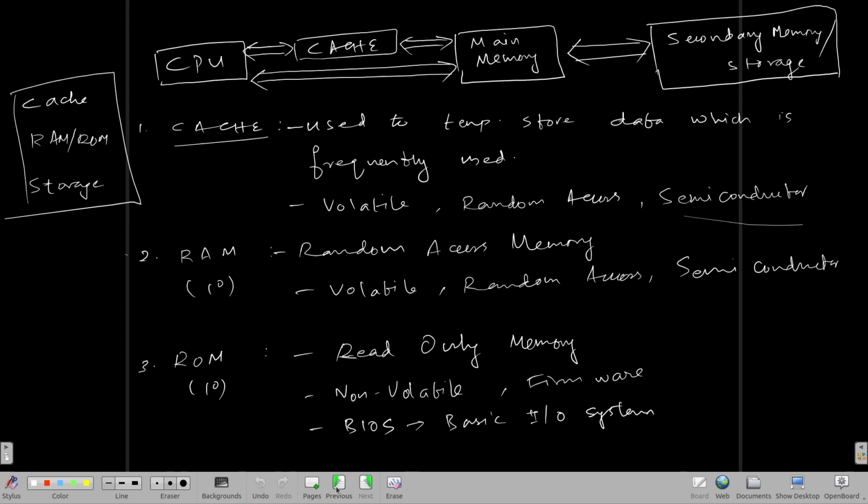So we have storage, secondary memory, or storage. What is it? It is a permanent storage.